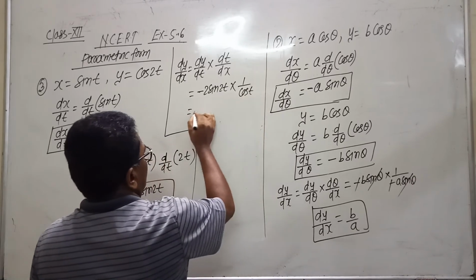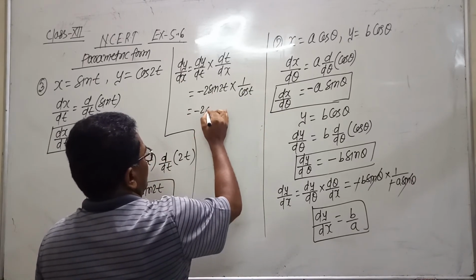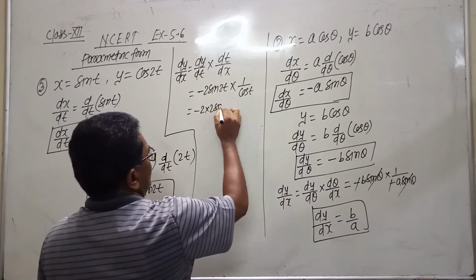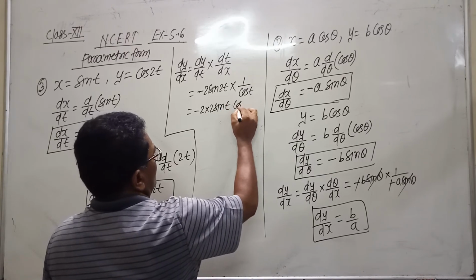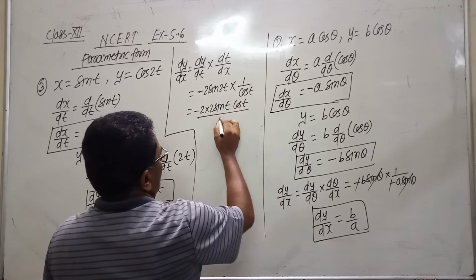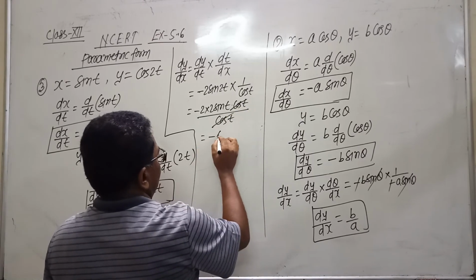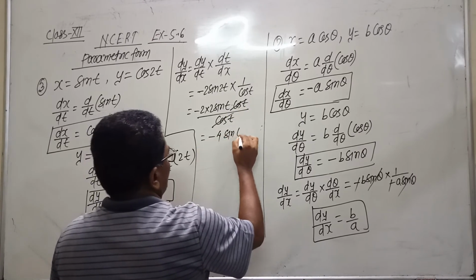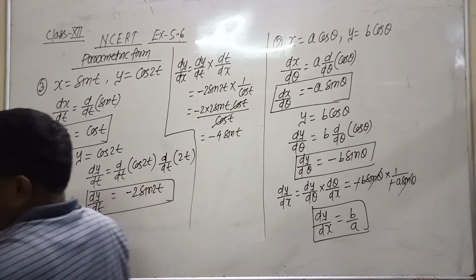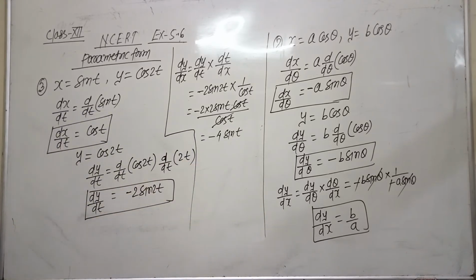Now expand the formula sin 2t. So sin 2t is 2 sin t cos t upon cos t. Cos t and cos t cancelled, and the result is minus 4 sin t. So dy by dx equals minus 4 sin t.